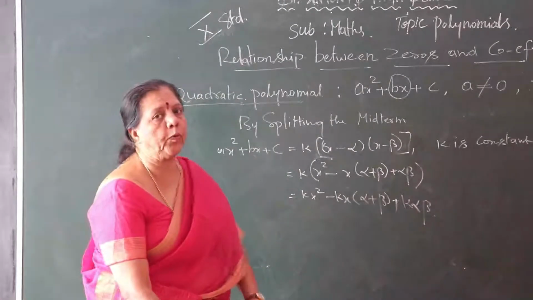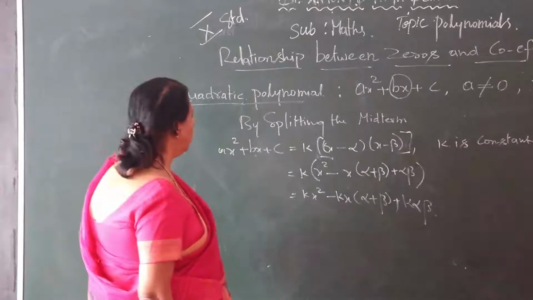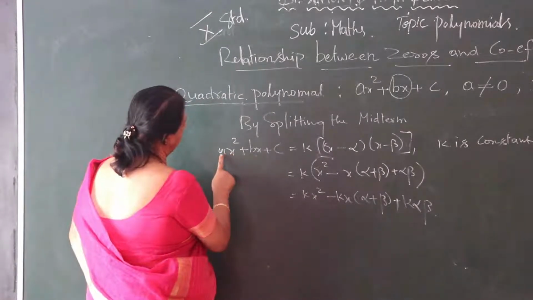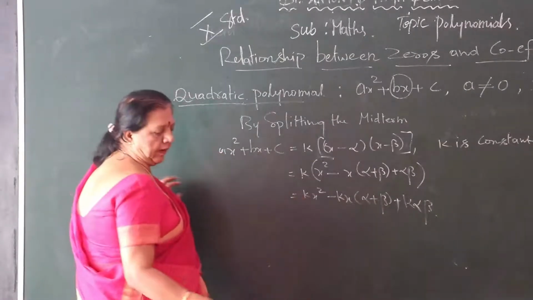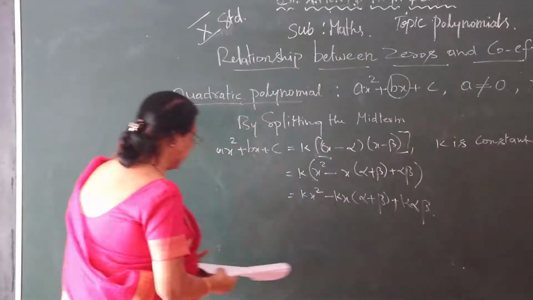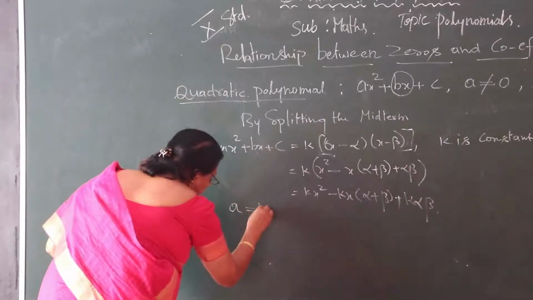Now what you have to do? You know the coefficients. You compare here. The x square coefficient here is a. What is the x square coefficient here? k. Now you have to substitute. Here a is equal to k.